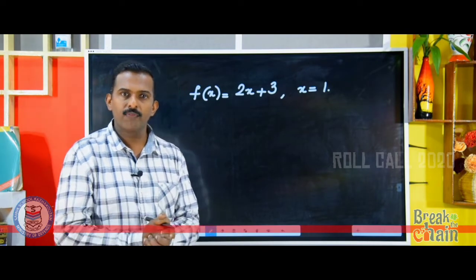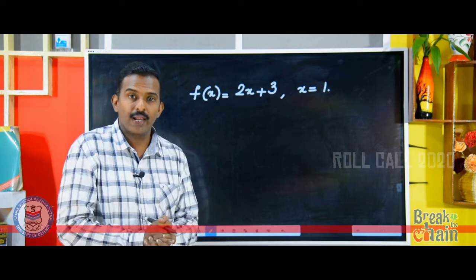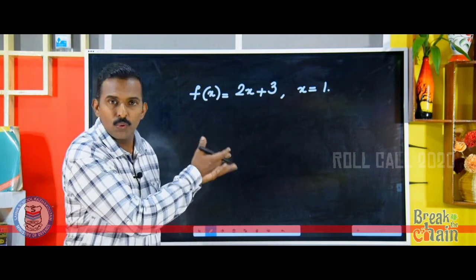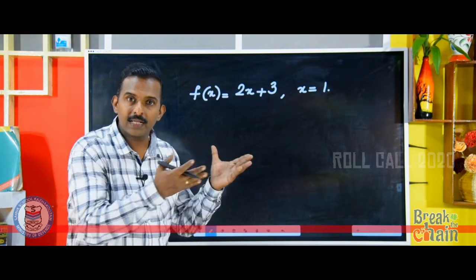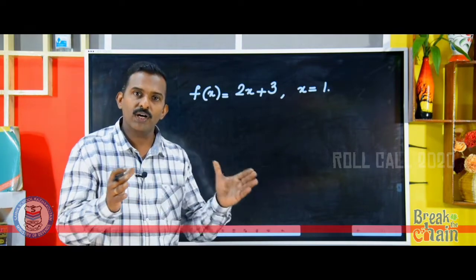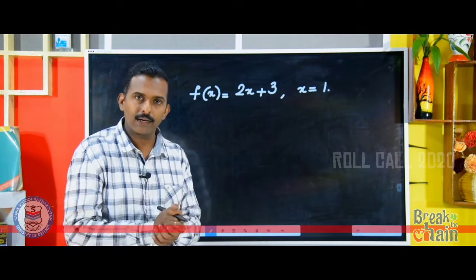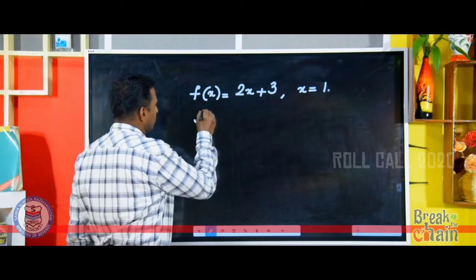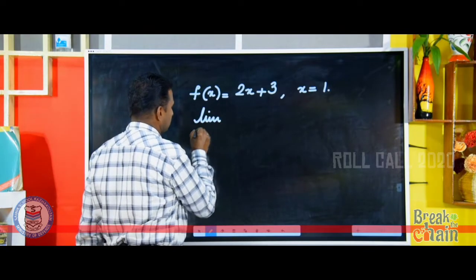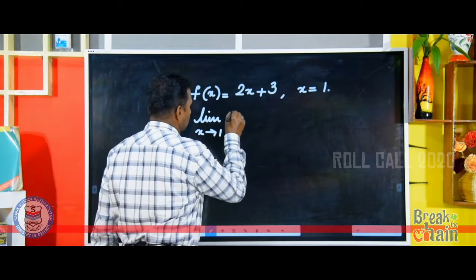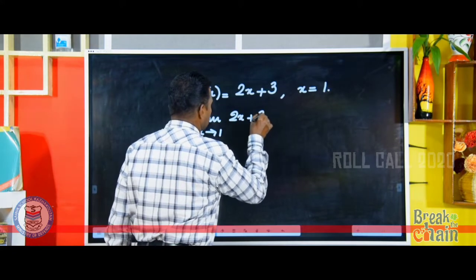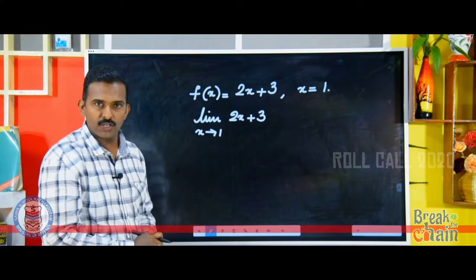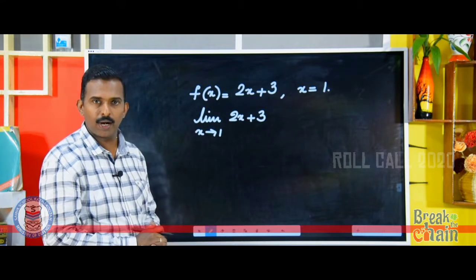We will calculate the limit value. But in this case, there is no LHL RHL because the function is defined in a single way. The LHL RHL case will come only if the function is defined in two ways. We will calculate the limit. Limit of the function at x equal to 1.